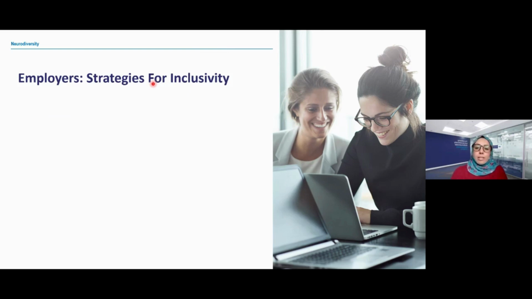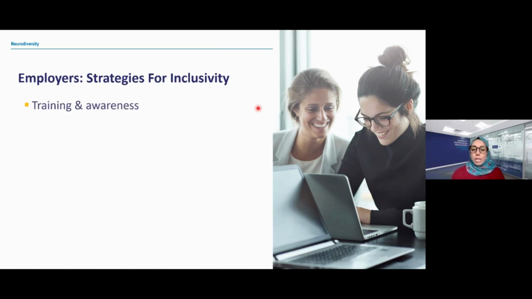So, creating a workplace that accommodates and celebrates neurodiversity, it's not just a moral imperative, but also a strategic move that can enhance overall employee engagement and productivity.